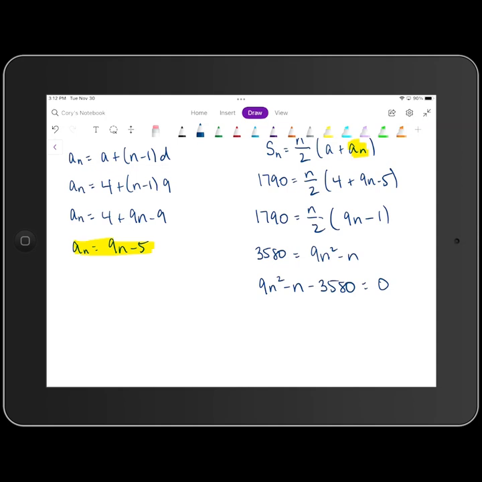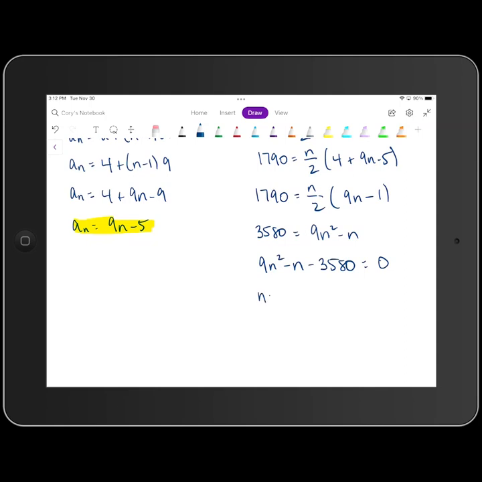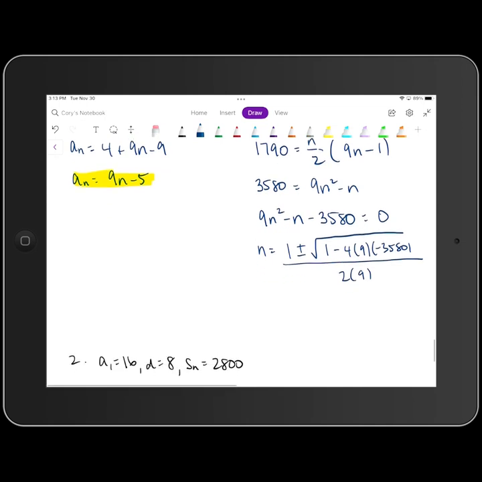The numbers are humongous. I don't think factoring is a legit option, even though you can factor this. So if we use the quadratic formula here, we get n equal to negative 1 plus or minus the square root of b squared, so that's 1 minus 4 times 9 times negative 3580, all over 2 times 9.